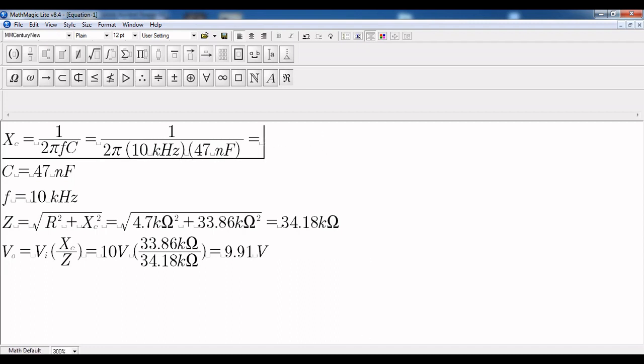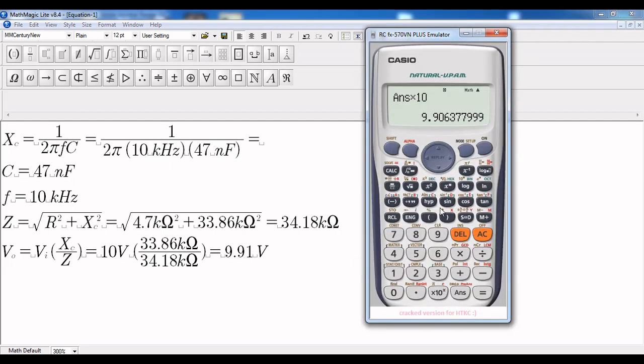So this would now be 2 multiplied by pi multiplied by 10 exponent 3. And I forgot to put in the opening and closing parentheses again. And then multiply it with 47 nanofarad.